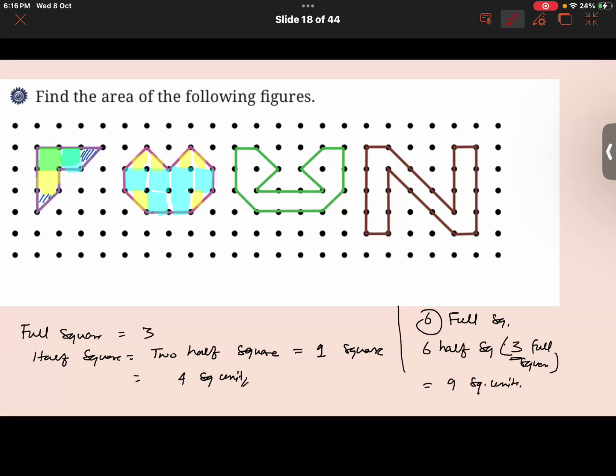Okay, correct. 7 full squares. And half squares: one, two, three, four, five, six. So the answer is how much?